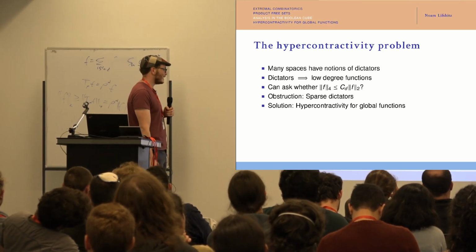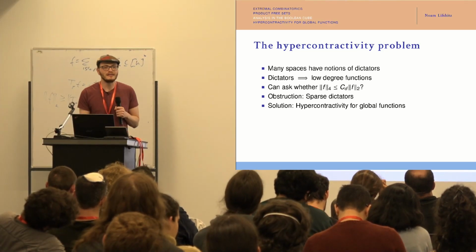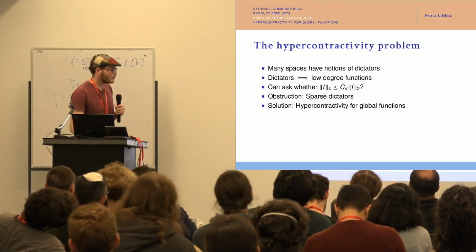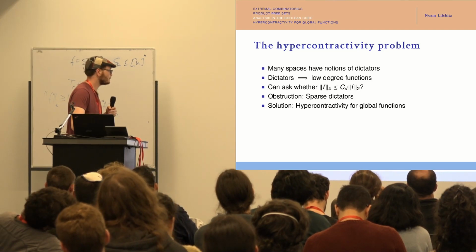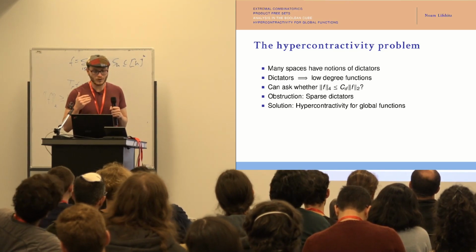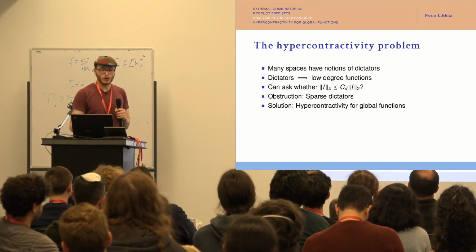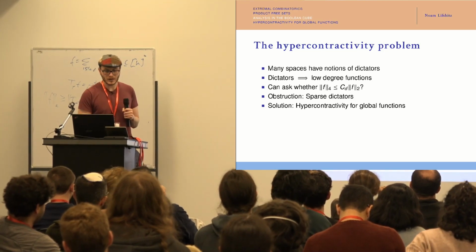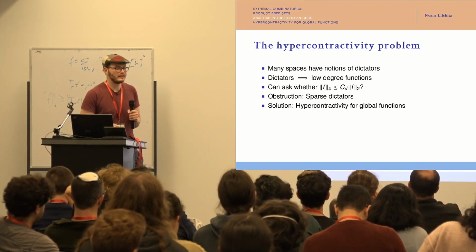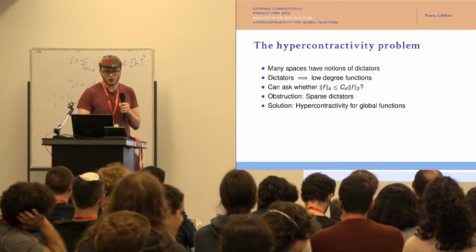One obvious obstruction is if there already exists a dictator that's sparse. That means that there exists a function of degree 1 without this property. And our solution was to filter out the dictators. Proving hypercontractivity for all functions is not very useful. We just filter out the dictators and prove hypercontractivity only for the functions that don't have dictatorial structure.